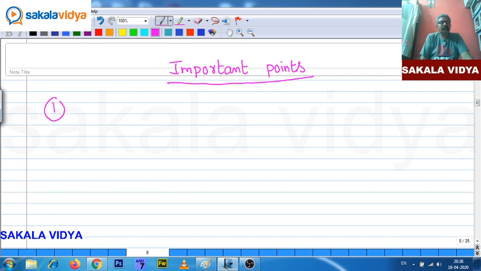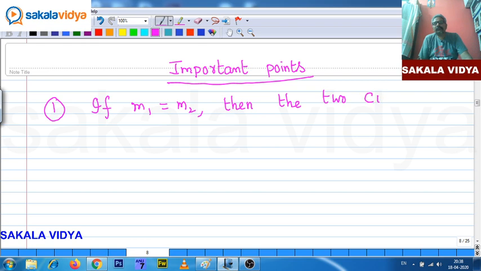First point, suppose if m1 is equal to m2, then the two curves touch each other.